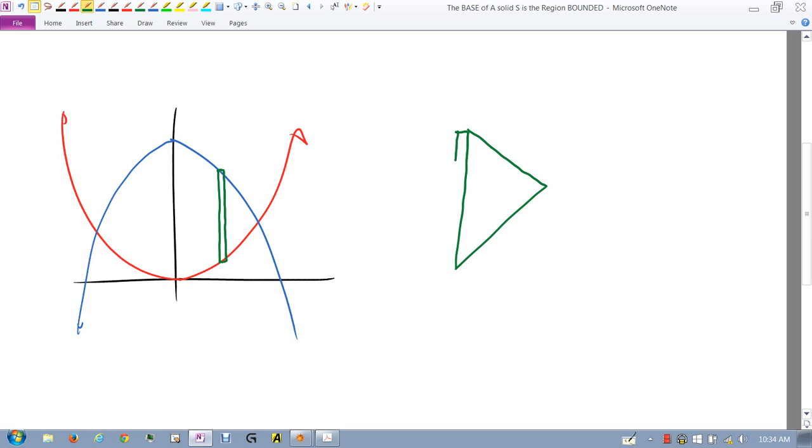It has a little bit of width to it, so something like that. Do you know the length of the sides? What's the length of that side? f of x minus g of x again, right? All the sides are the same.